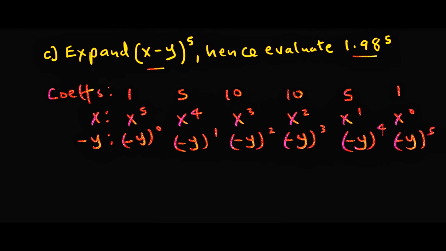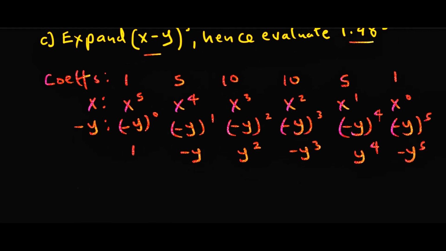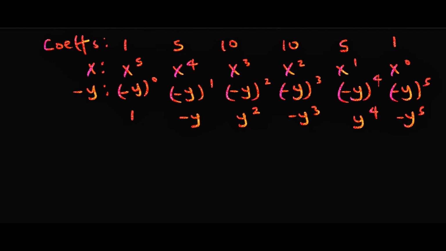So we can simplify this to be 1, minus y, y squared, minus y cubed, y power 4, then minus y power 5. So from there, we can now just multiply down.